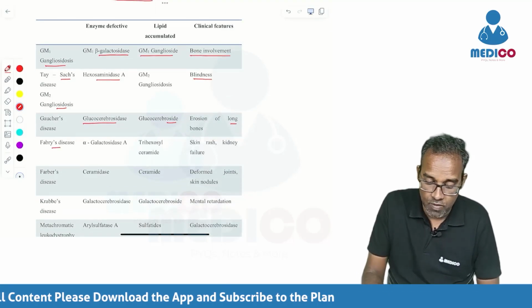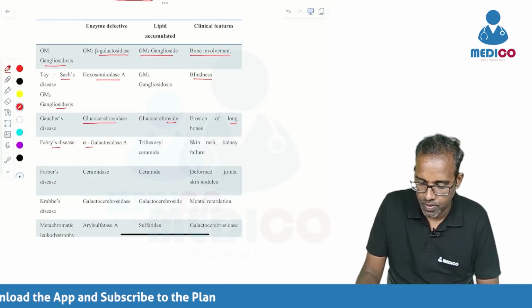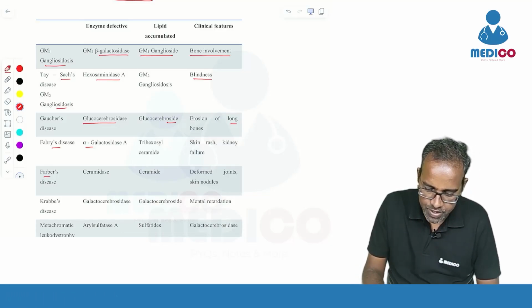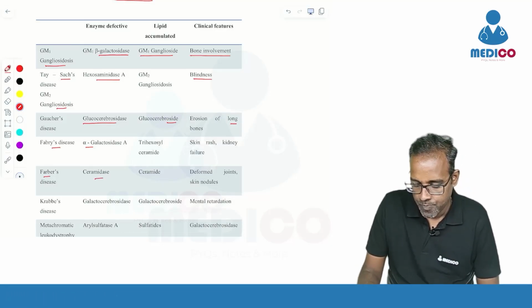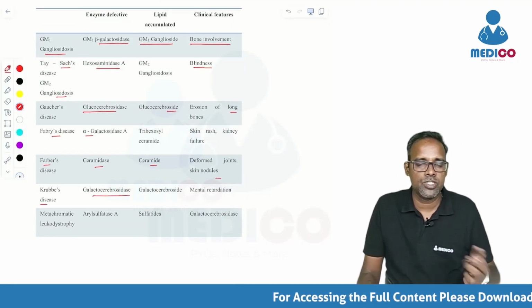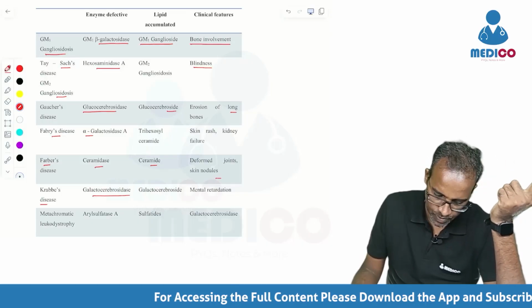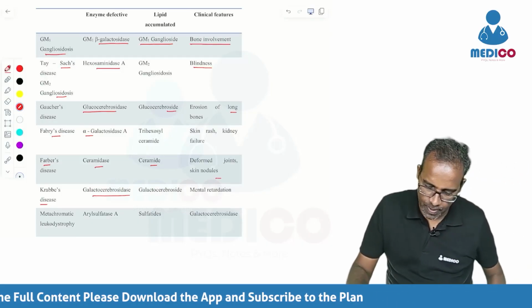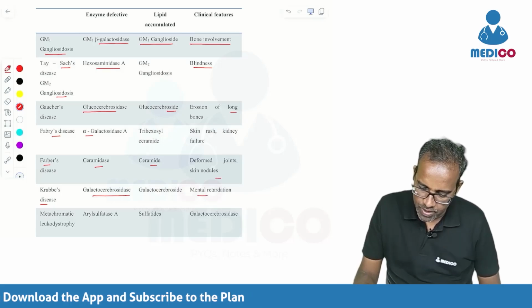Fabry's disease: alpha galactosidase, with skin involvement and kidney failure. Next, ceramidase deficiency, ceramide accumulation, with bone involvement. Krabbe's disease: galactocerebrosidase. Gaucher's is glucocerebrosidase, Krabbe's is galactocerebrosidase, and that leads to mental retardation.